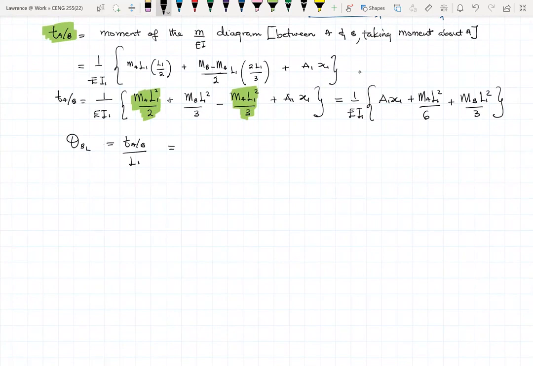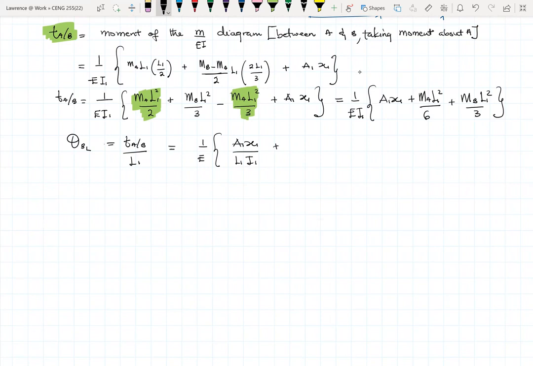If we do it that way, like I said, you can have 1 over E, then bracket open A1 X1 over L1 I1, plus MA L1 squared over 6 L1 I1. Then plus MB L1 squared over 3 I1 L1.